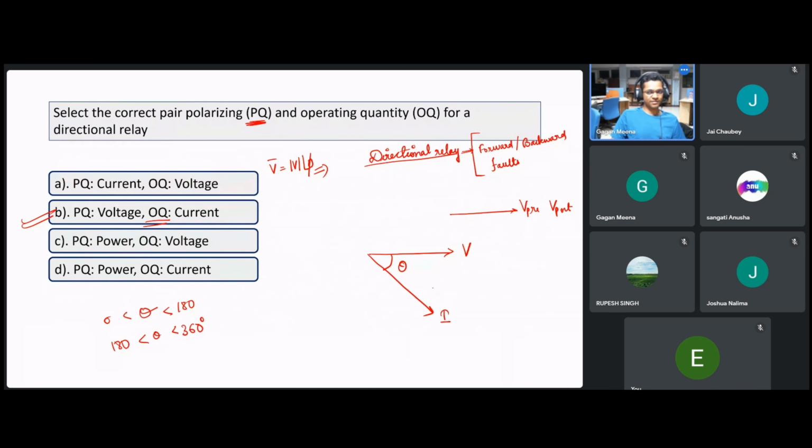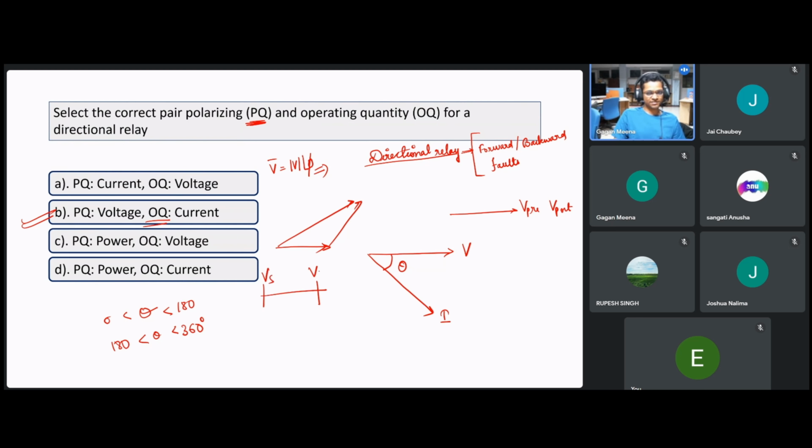So whenever we measure a phase, we should have one reference. When we make a phasor diagram also we take something as reference, right? So if we are taking this phasor as a reference, with respect to this phasor we will draw everything.